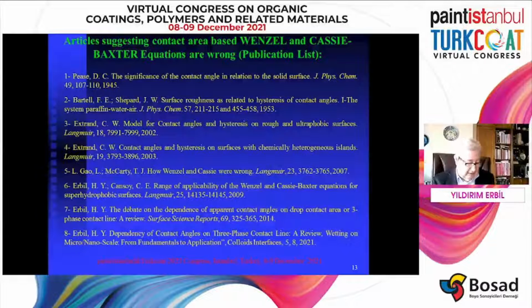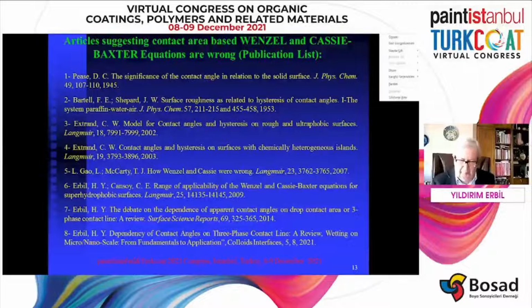Now, Extrand rejected the validity of the Cassie equation and pointed out that the values of the contact angles are the results of interaction at the three-phase contact line of the drops and are not dependent on the liquid-solid interfacial contact area. And McCarthy and co-workers made a proof by using very specific patterns.